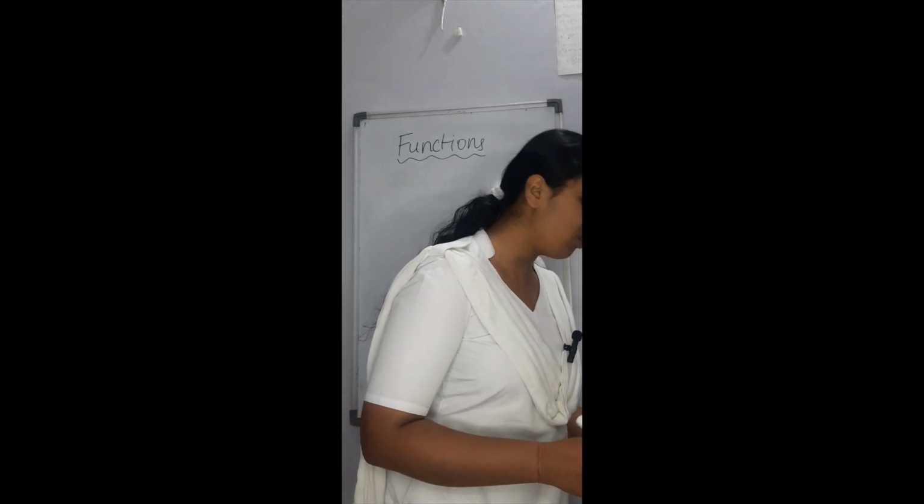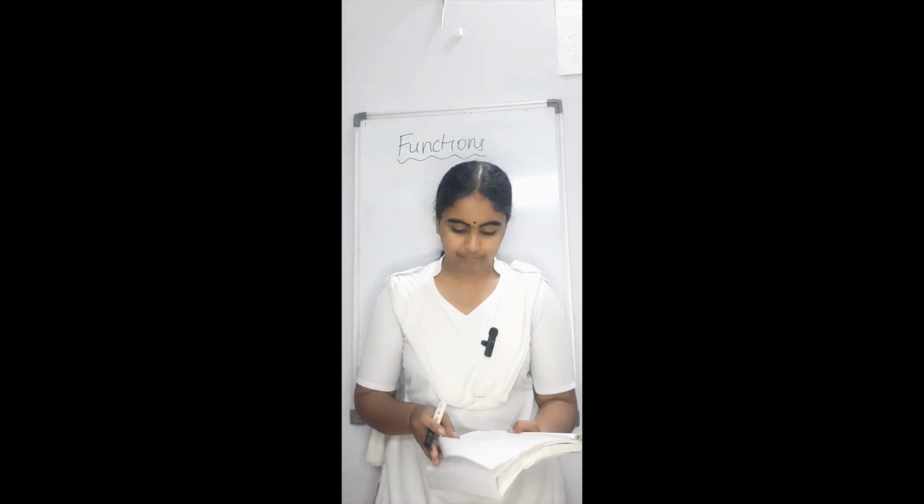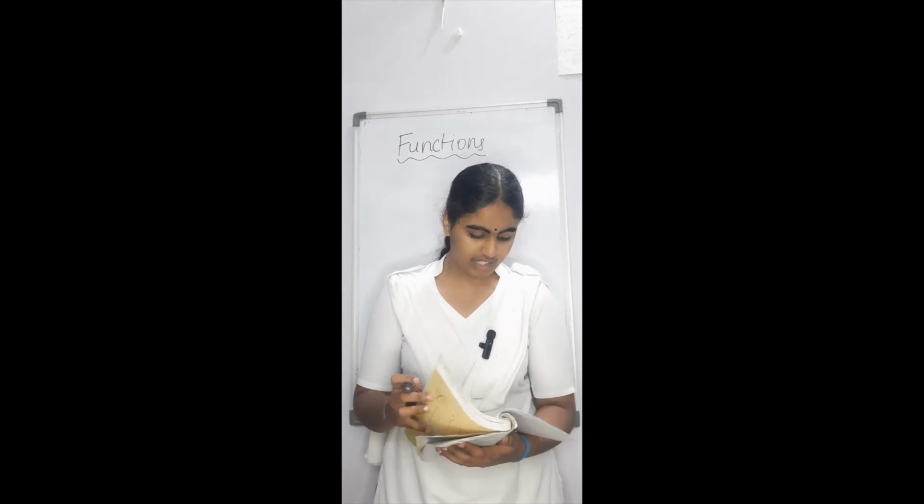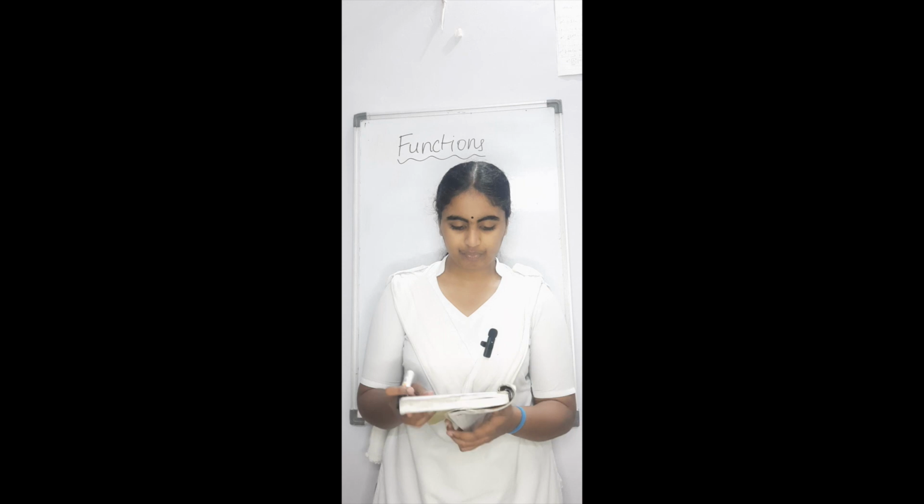Let us see some questions from this chapter. I'll do questions from NCERT exercise 1.2: the first question, the second question, and also the third question, because the third question is a very favorite question of the board.